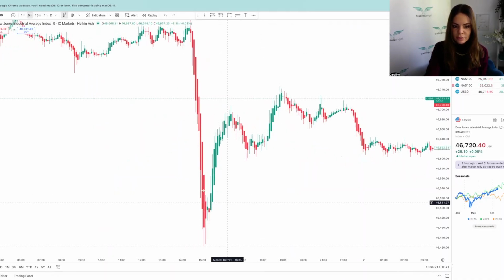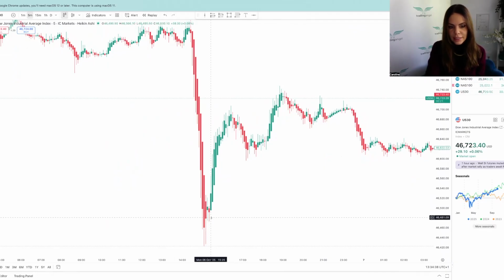So what you want to do on the 5 minute chart is wait for a candle of the opposite color to show that momentum has actually changed and it's not just a little pullback. So you can see here we've got a couple candles which show the indecisive momentum, and then this candle here is the first one where you can see that momentum has actually changed to the other side.